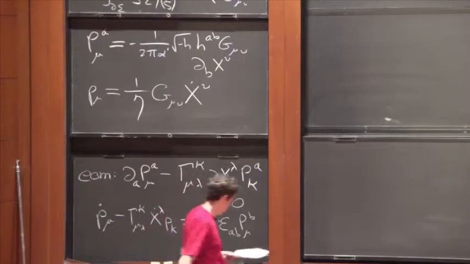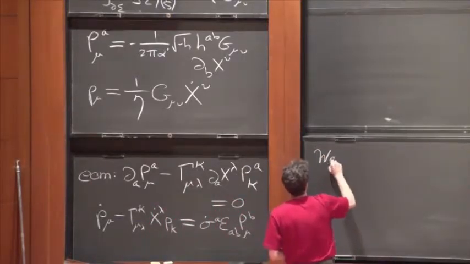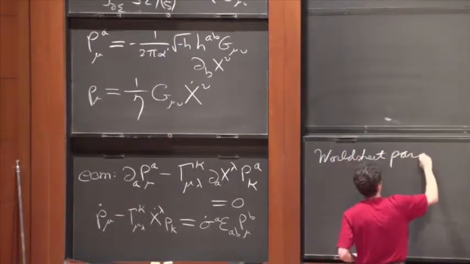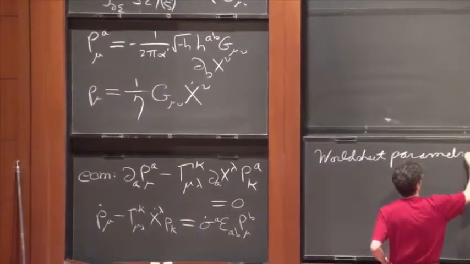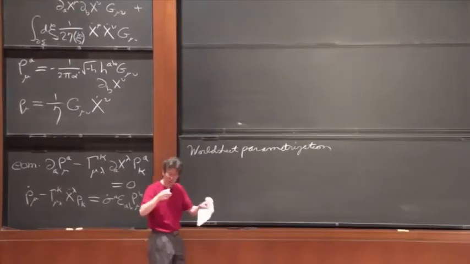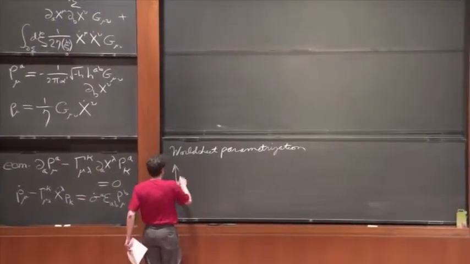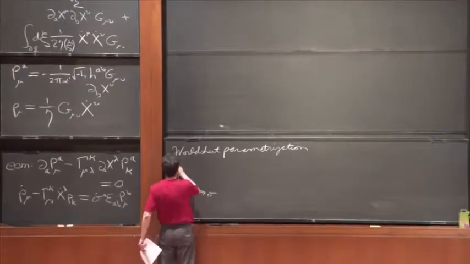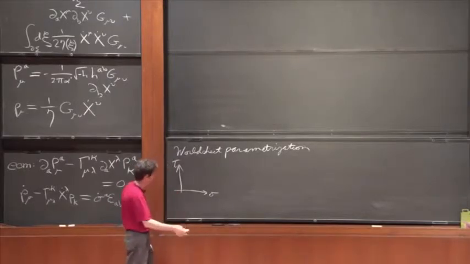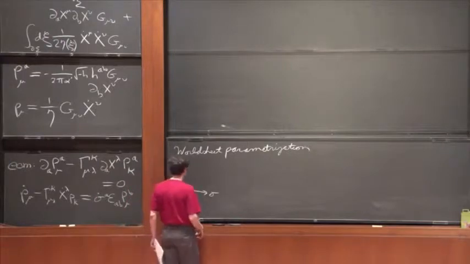And I remind you of one other important point, that the world sheet parameterization is not to have the sigma coordinate run from 0 to pi. Instead, the tau sigma space itself is going to have a null boundary corresponding to the null boundary of the string in space-time.